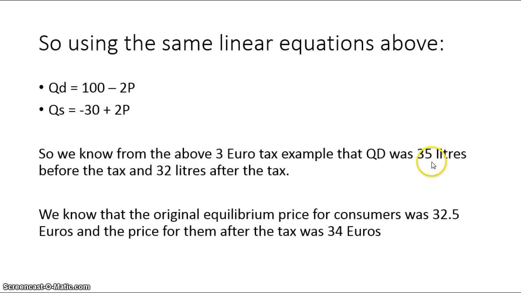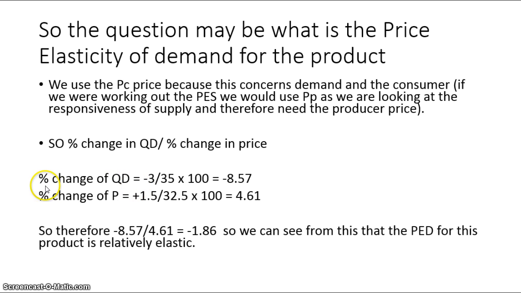So we can already probably see that it's more responsive to a change in the price, so it's likely to be more elastic. Let's do the calculations. We know the formula: percentage change in quantity demanded divided by percentage change in price. The percentage change in quantity demanded equals -3 divided by 35.